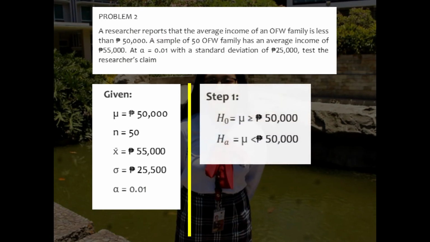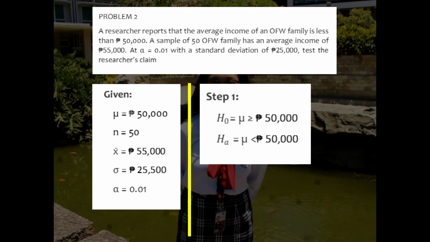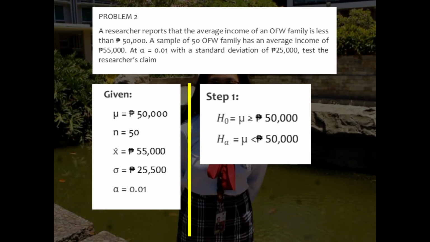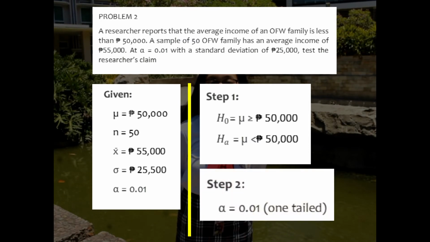Step 1. The hypothesis statement. H0: mean is greater than or equal to 50,000 pesos. HA: mean is less than 50,000 pesos. Step 2. The level of significance, or alpha, is equal to 0.01.